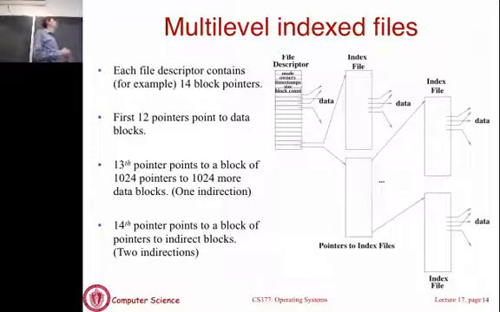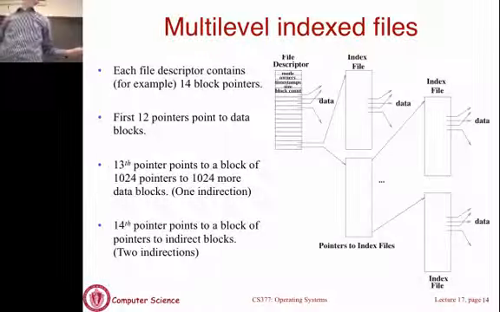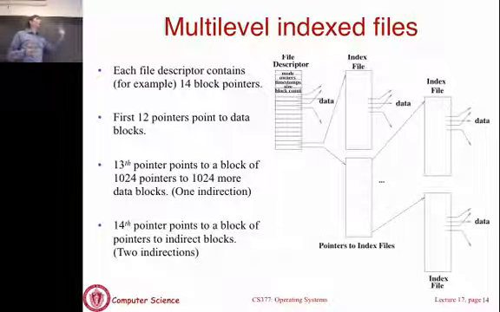The reasoning of 14 is that's what the designers of Unix decided to use. Some file system designer decided that 14 was a reasonable number. Now you could think of why, probably the choice of 14 was due to some type of experiment looking at the typical size of files, right?